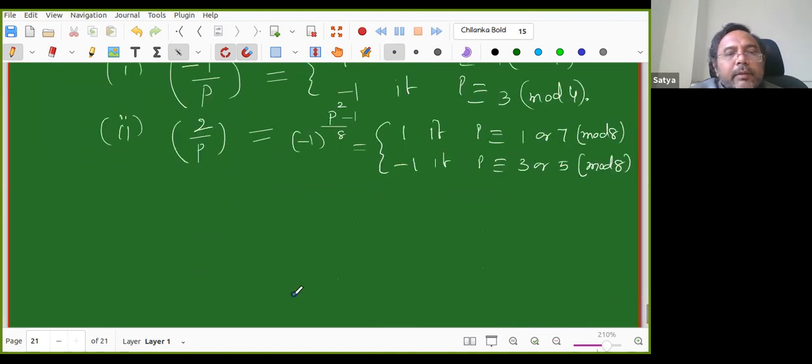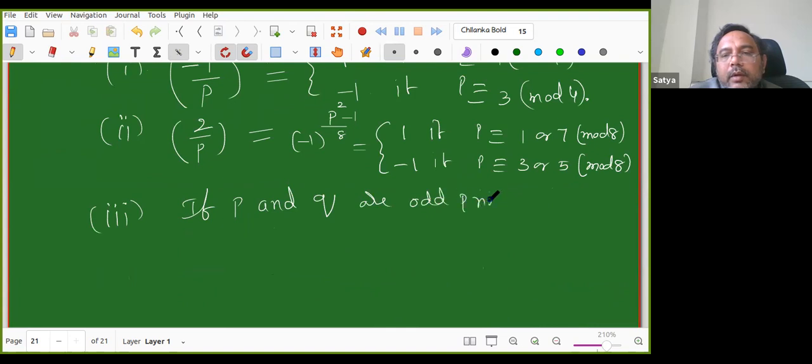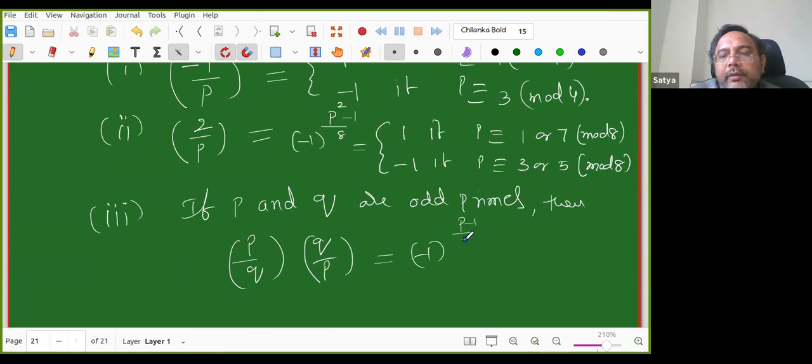And then the final main part: if P and Q are odd primes, then the actual quadratic reciprocity law is that P by Q into Q by P, Legendre symbols, is equal to minus 1 power P minus 1 by 2 into Q minus 1 by 2.